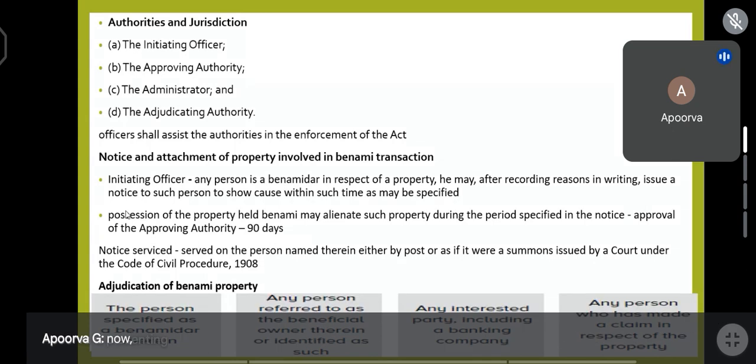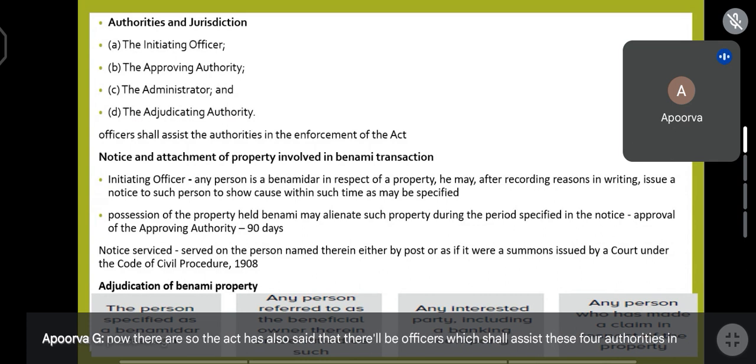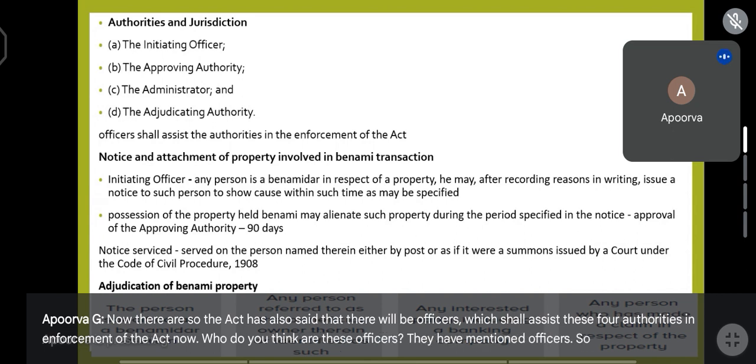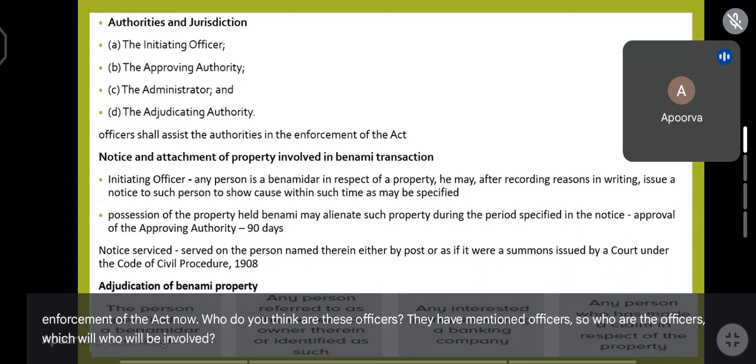Now, the Act has also said that there will be officers who shall assist these four authorities in enforcement of the Act. Now, who do you think are these officers? They have mentioned officers. So, who are the officers who will be involved in a benami transaction?